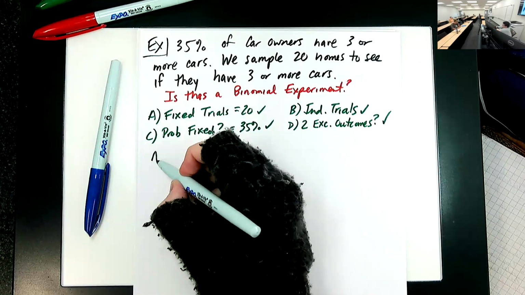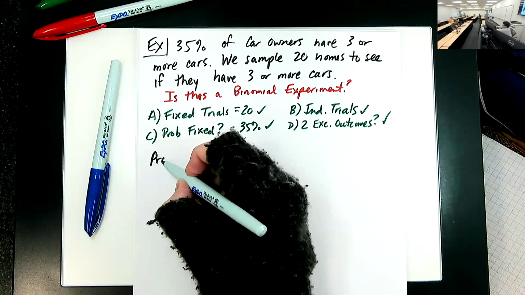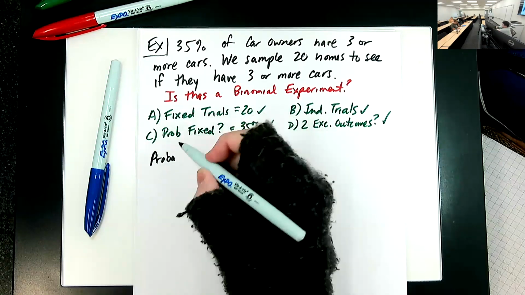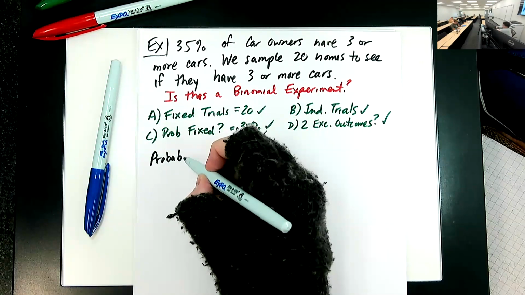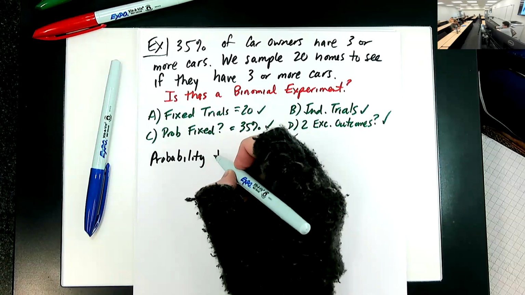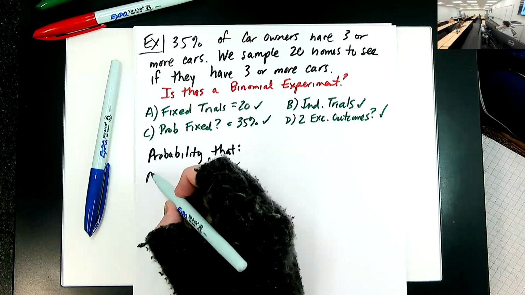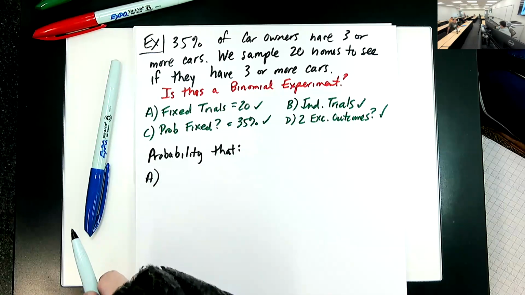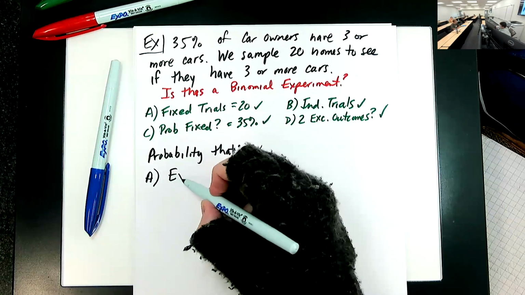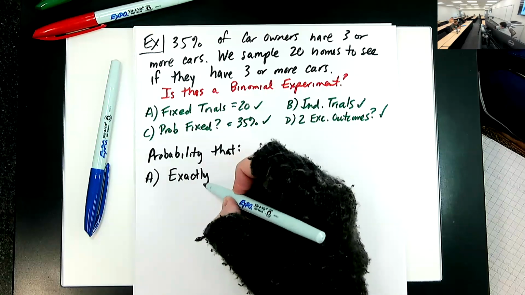Let's explore the probability that, for A, exactly 5 homes have 3 or more.